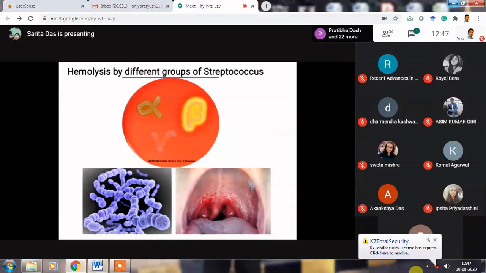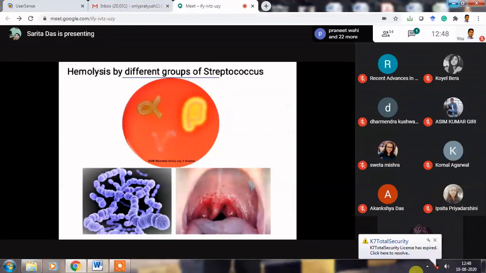Streptococcus pyogenes is beta hemolytic. But Streptococcus pneumoniae is alpha hemolytic, meaning it partially degrades the RBC and converts the hemoglobin into methemoglobin, a green compound, so you can see a green coloration around the colonies. The rest of the strains are gamma hemolytic, meaning they don't hemolyze at all.